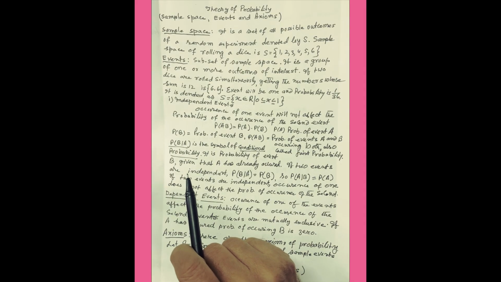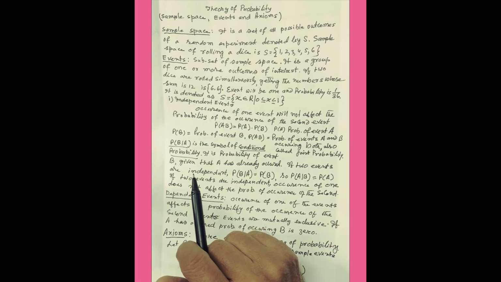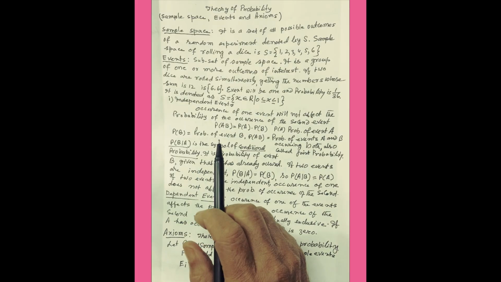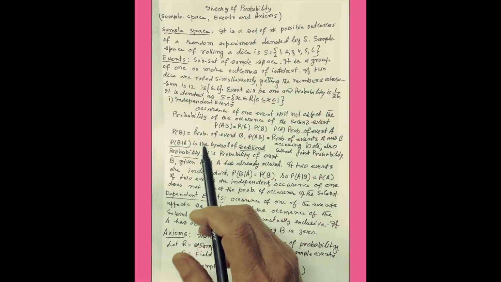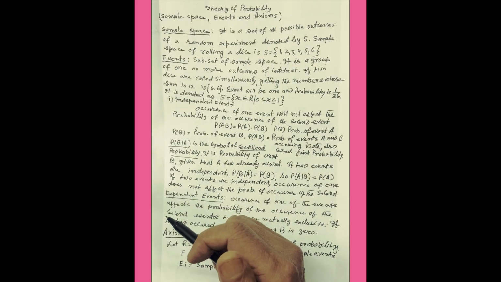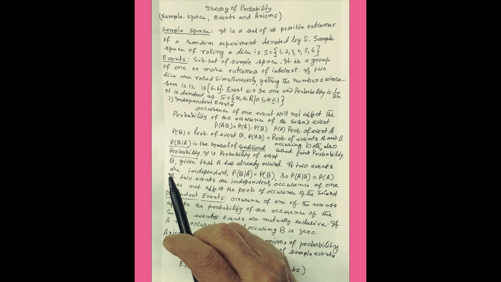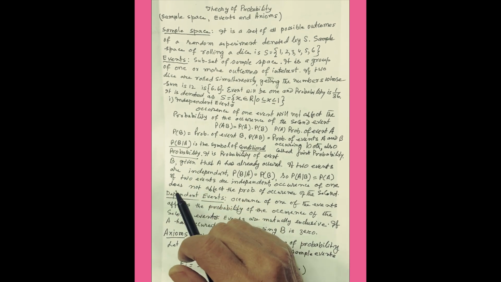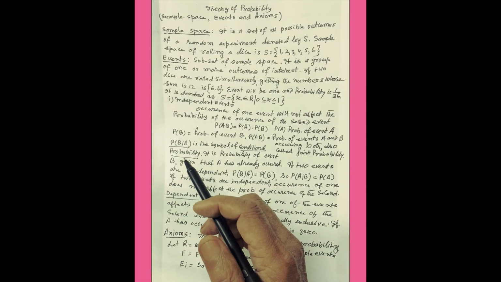Suppose a dice is rolled. We know that a dice has 6 faces: 1, 2, 3, 4, 5, 6. So if we roll it, the sample space will be 1, 2, 3, 4, 5 and 6, because when the dice stops, in the upper surface 1 may come, 2 may come, 3 may come, 4 may come, 5 may come, or 6 may come.